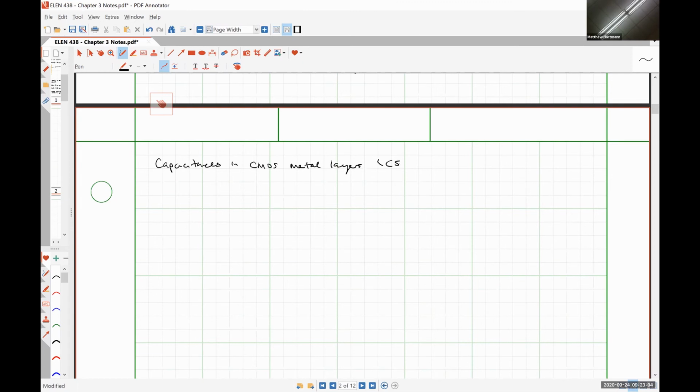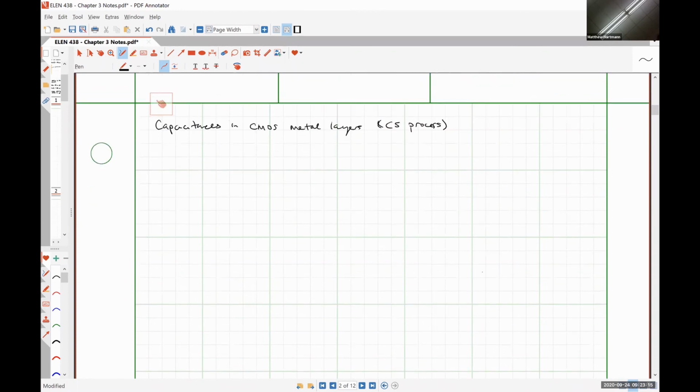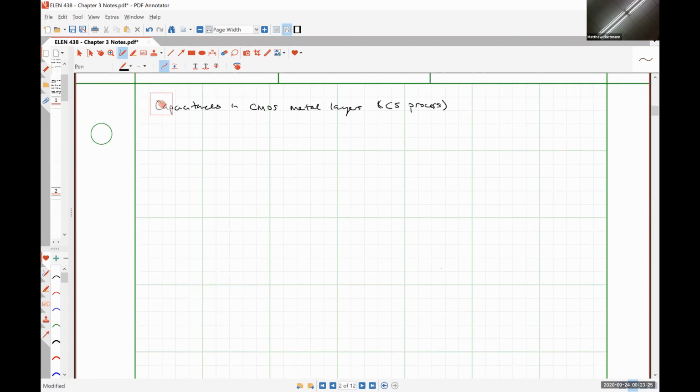And specifically, we'll talk about for a C5 process. So I'm going to draw a quick cross-sectional view picture with multiple metal layers so that we can see things.